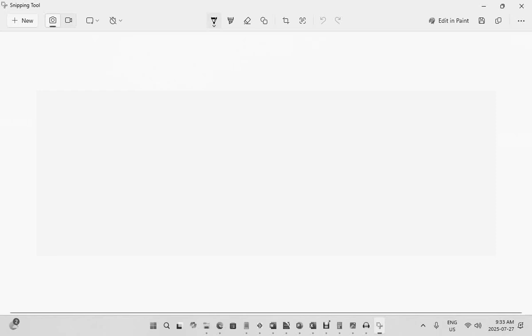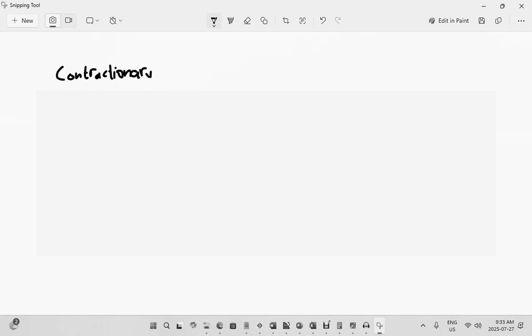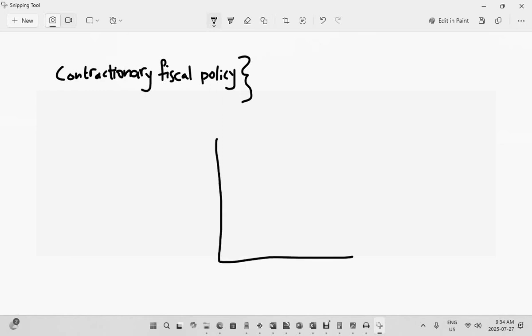Okay, so this is contractionary fiscal policies. Now, in a contractionary fiscal policy, what's going to happen is, your aggregate demand.